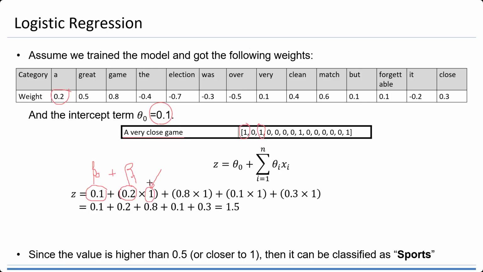So this is binary: x1 equals 1 because the word appears. Then the next word is came. The word came has beta 2 equal to 0.8. We know that this word appears, so we multiply by 1.